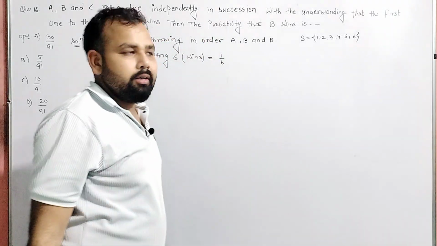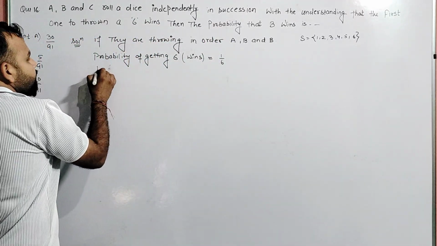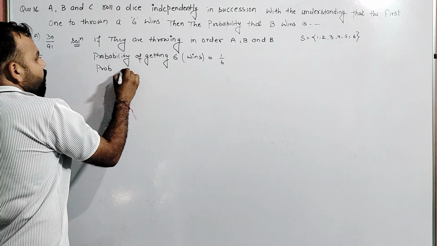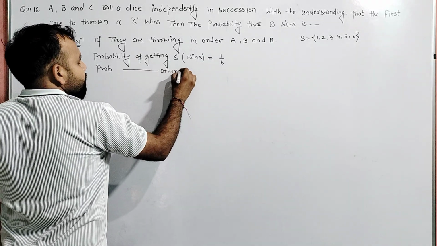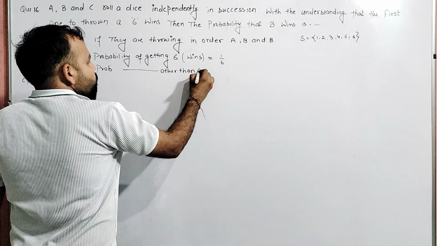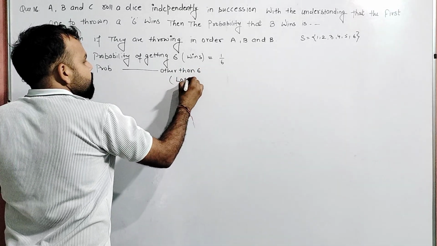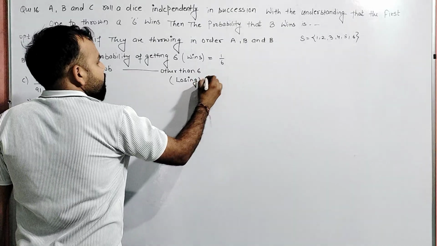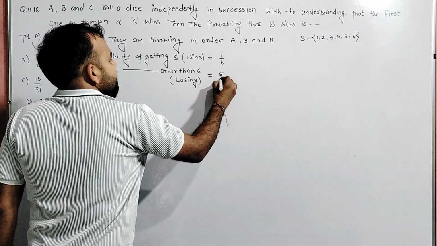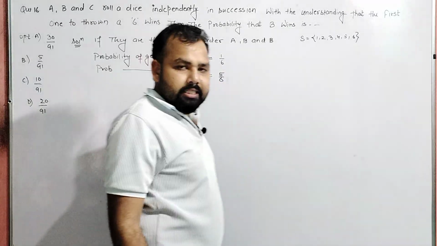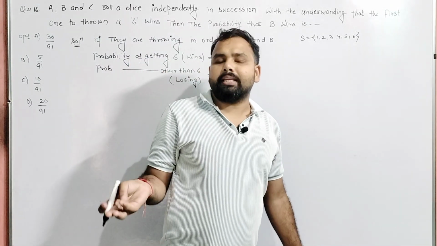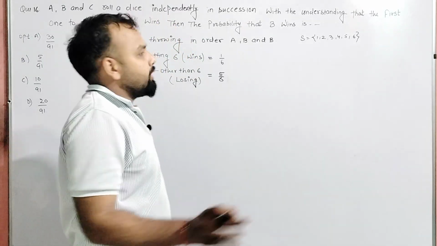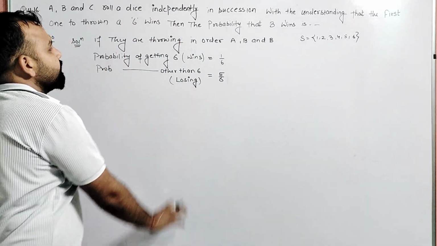Similarly, the probability of getting other than 6, that means losing the game, is 5 by 6. In that scenario, we may get 1, 2, 3, 4 and 5, but not 6.